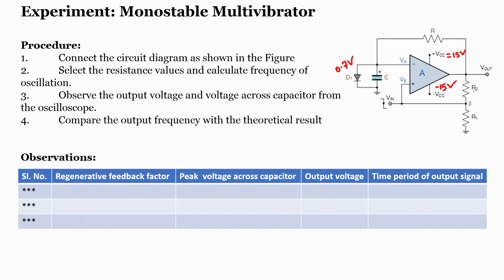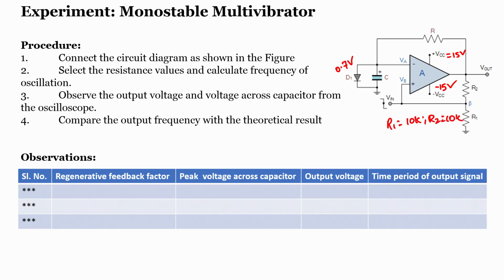Then what values of R1 and R2 do we select? We select R1 as 10 kilo, as we have seen in the astable as well as the Schmitt trigger. We are considering R1 as 10 kilo as well as R2 as 10 kilo, right.